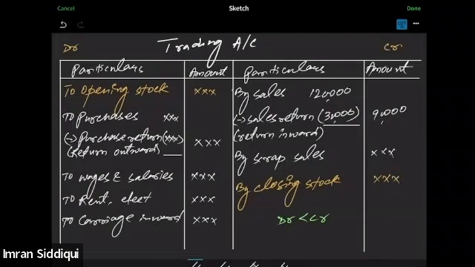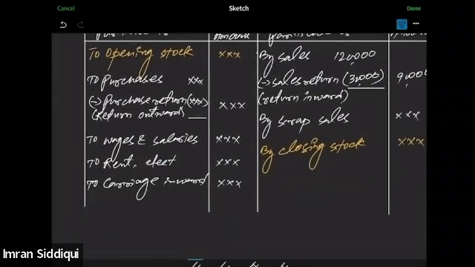That simply means we had a profit in the trading account, which is shown on the debit side of the trading account by the name of 'To gross profit'. If the credit side is greater than the debit side, then we will have the gross profit.